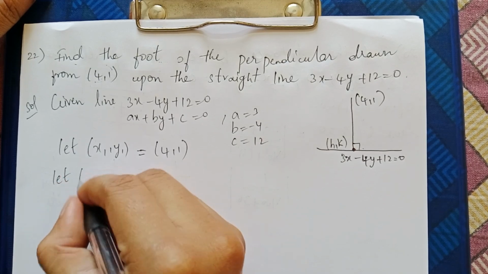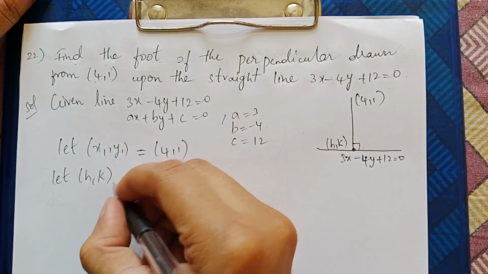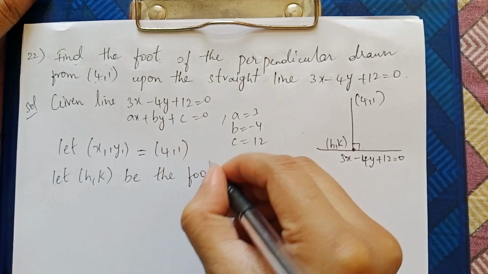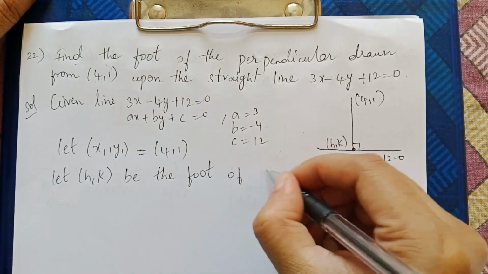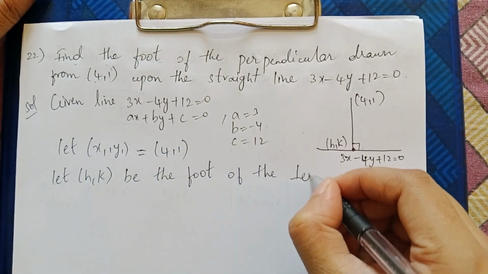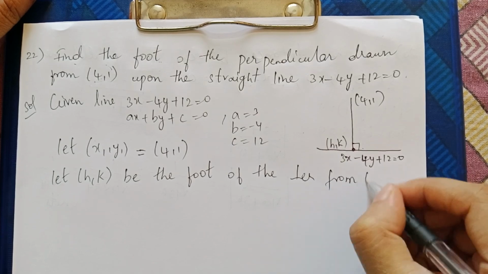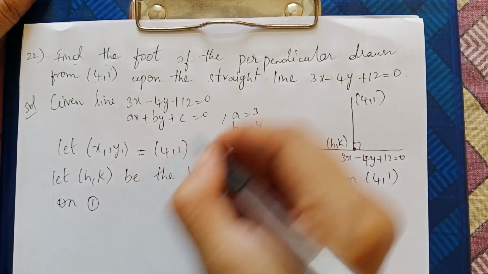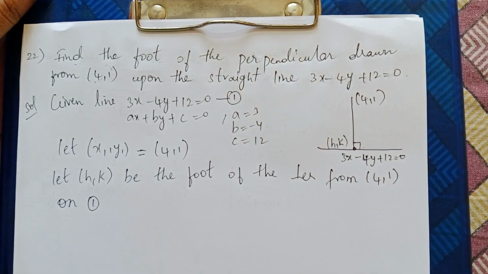Let (h, k) be the foot of the perpendicular from (4, 1) on the line, which is line 1, okay?